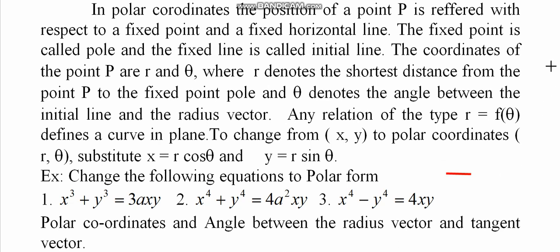So let us take a small line, and let this be a point P. The shortest distance between P and this fixed point, and the straight line connecting these two, is called r.